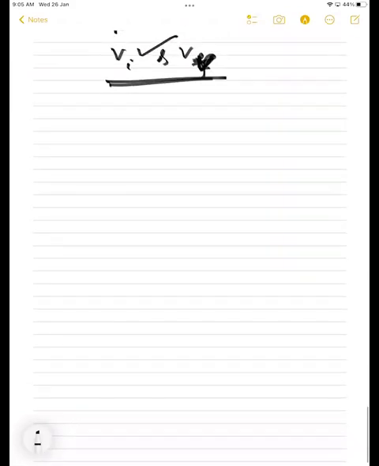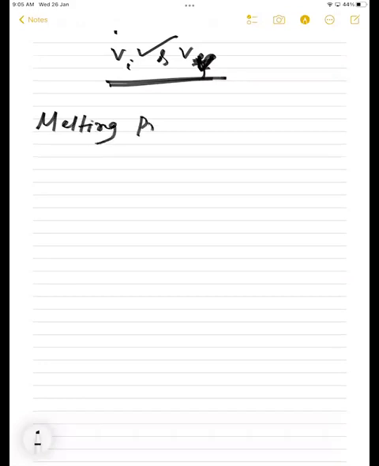Next, students, let's see the same process in the melting process to find the work done. Let m mass of solid be heated at its melting point.